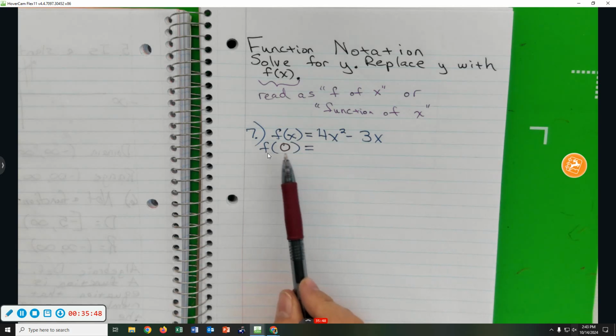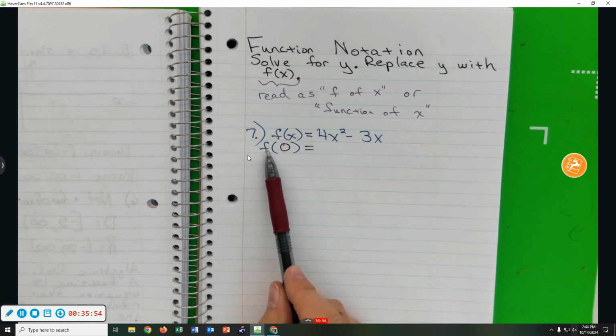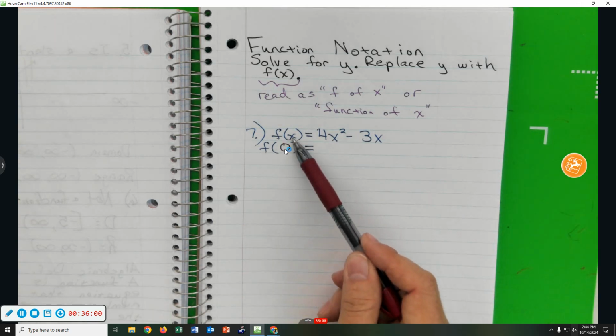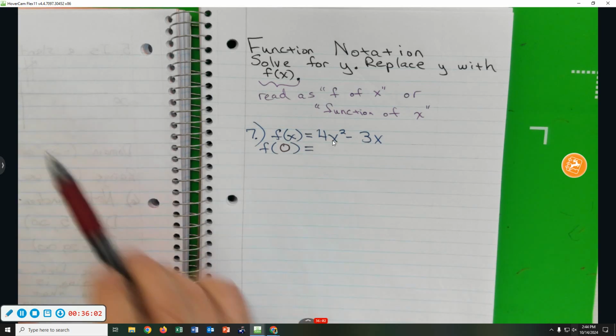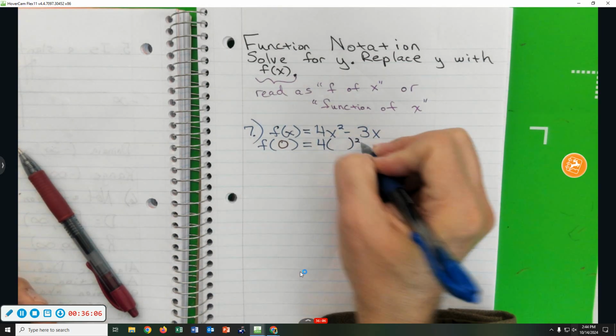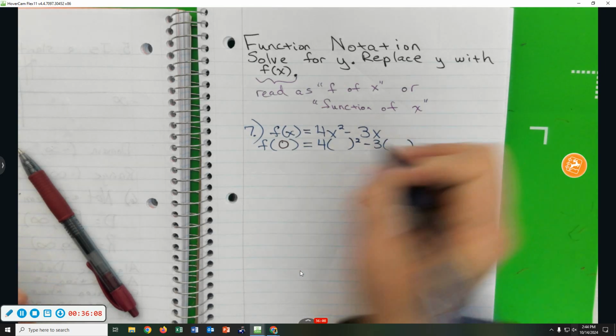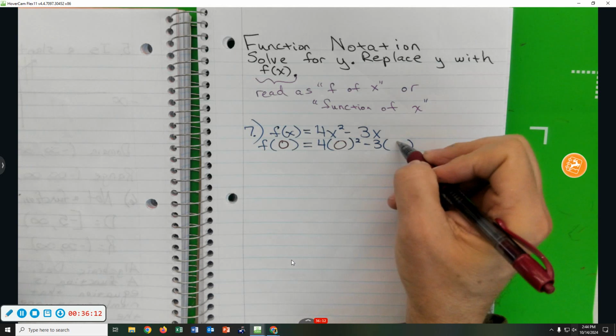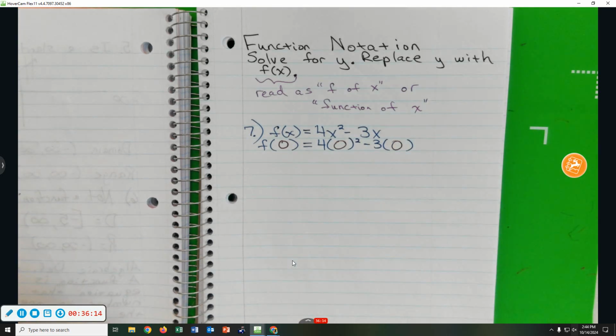This special function notation that we're going to be using the rest of the semester says go to your function, in this case it's f, and replace every variable you see with 0. So you have 4, replace that x with 0, replace the x with 0, replace that x with 0.